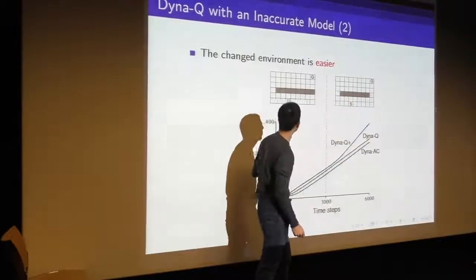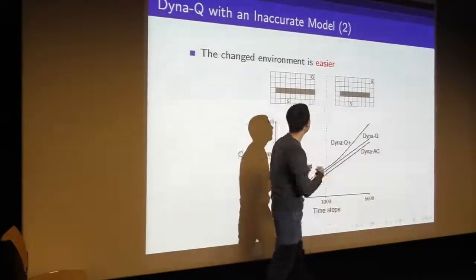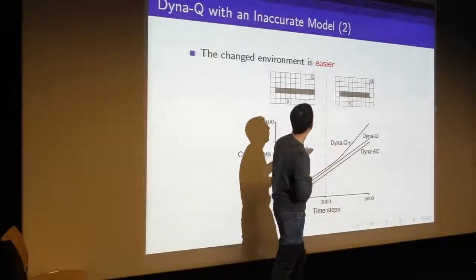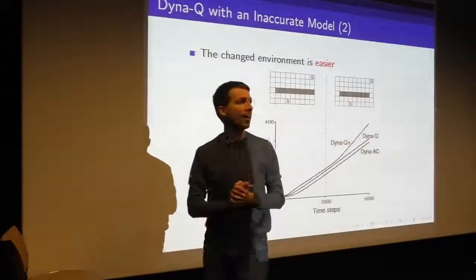If you don't explore anymore, it will continue using this pathway through here. That's what these lines are here. But if you tell it to explore a little bit and encourage it again to keep revisiting states that it hasn't visited for a while, it will discover that things have changed and then it will get taken to a new part of the state space.